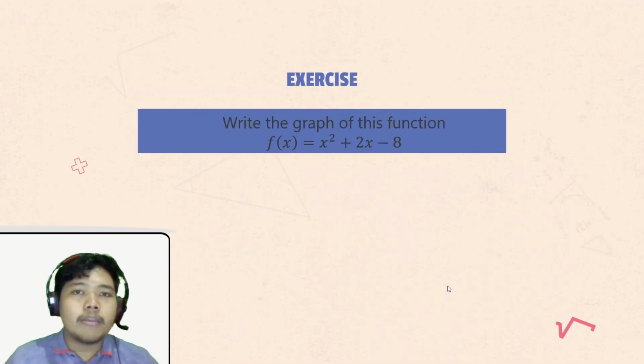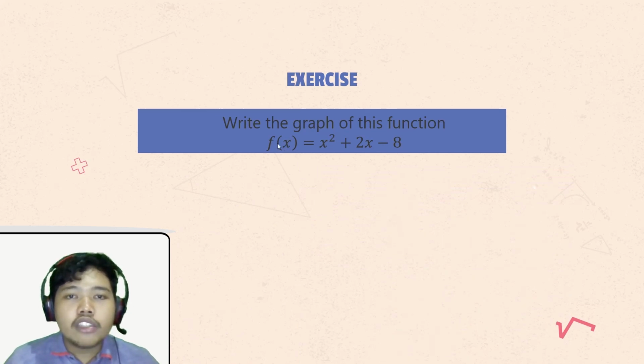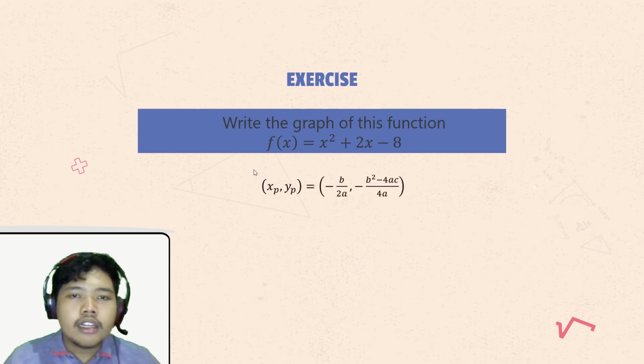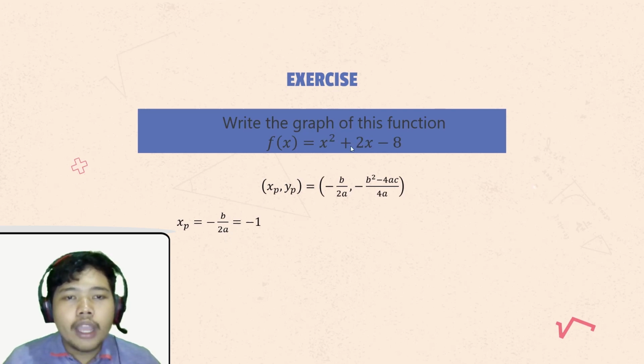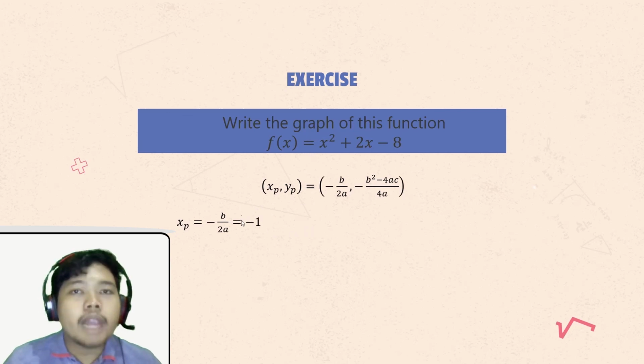Now the last step. The last step is we will determine the vertex of this function. Here is the equation to determine the vertex. Because of that, we will get xp is equal to minus b per 2a. Because b is equal to 2 and a is equal to 1, we will get xp is equal to minus 1.